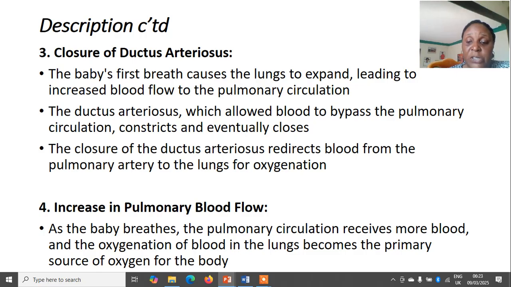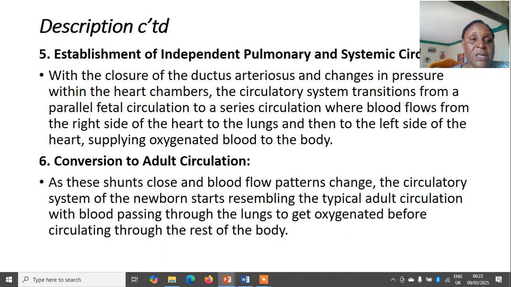The pulmonary circulation receives more blood, and oxygenation of blood in the lungs becomes the primary source of oxygen into the body. With the closure of the ductus arteriosus and changes in the pressure of the heart chambers, the circulatory system transitions from the parallel fetal circulation to a series circulation where blood flows from the right side of the heart to the lungs and then to the left side of the heart, supplying oxygenated blood to the body.